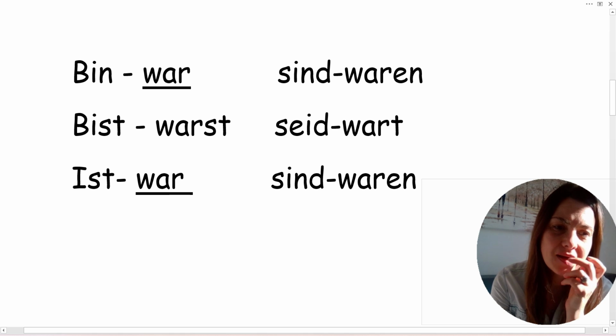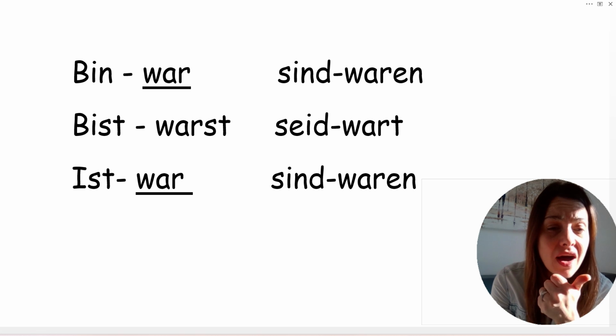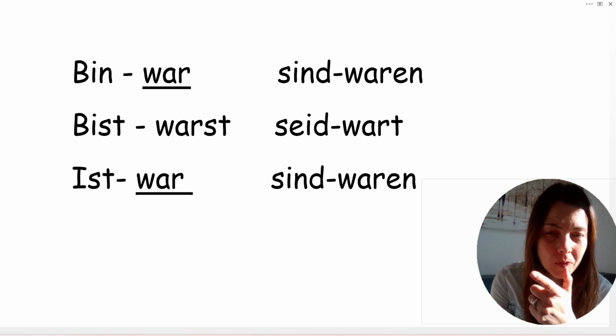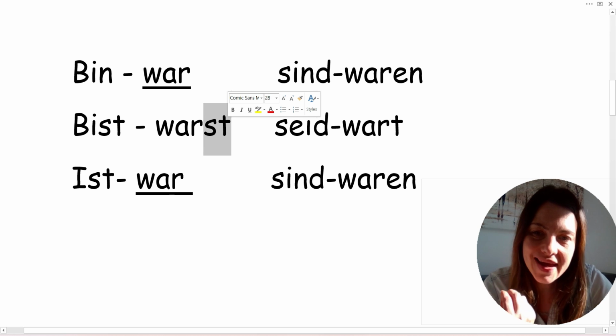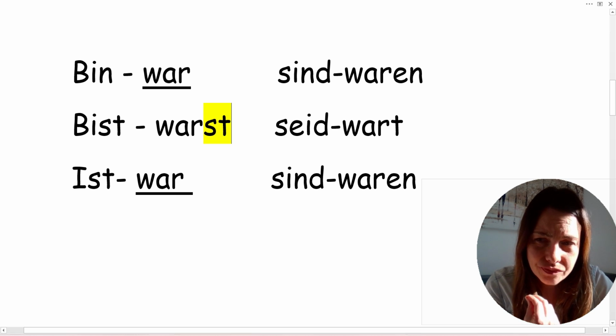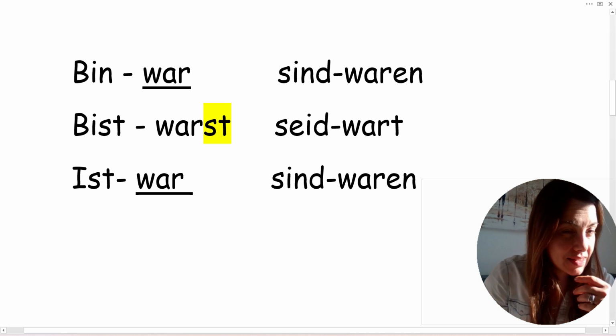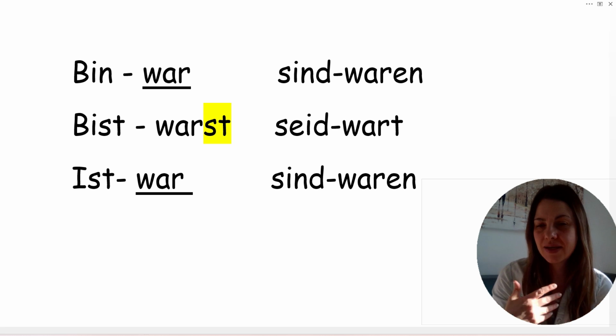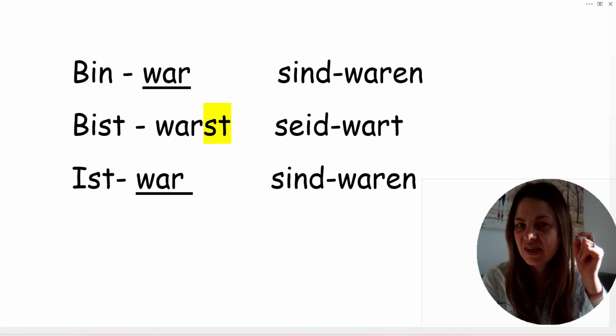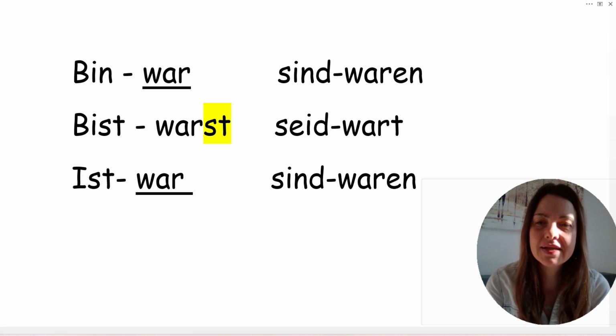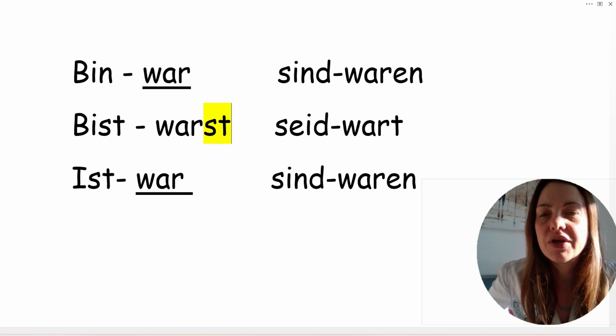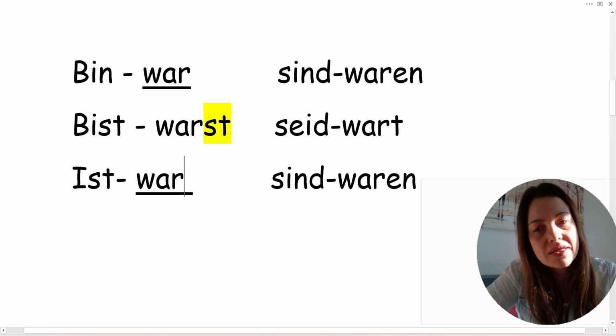You don't pronounce that R at the end. So, ich war, du warst, almost always st to designate the second person singular. Du kaufst, du gehst, du lernst, du warst. When you hear this st, that's second person singular. Okay, so ich war, du warst, er, sie, es war.